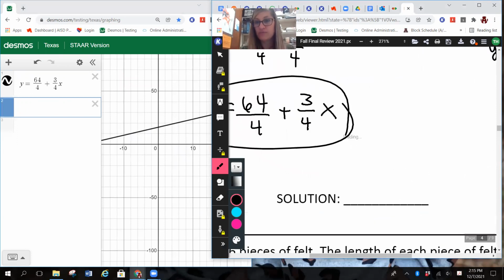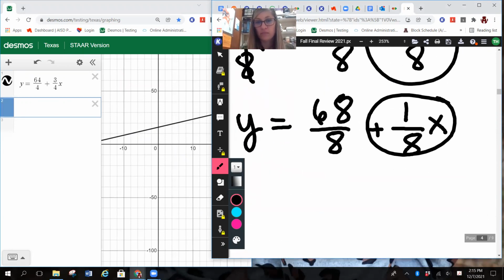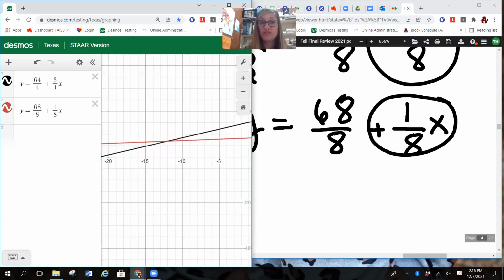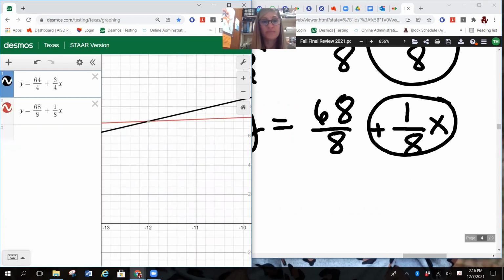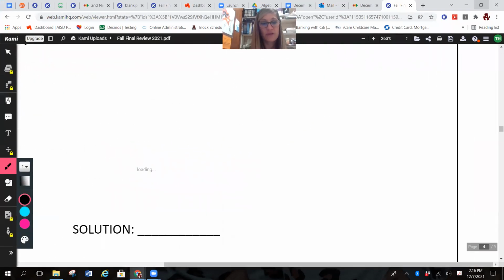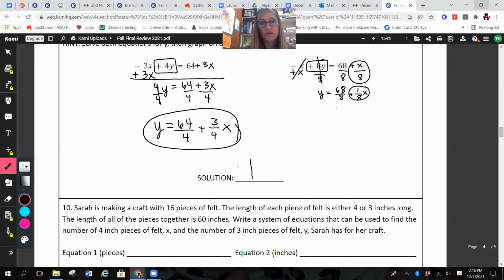Our second equation is y equals 68 divided by 8, which is 8.5, so it wasn't perfect, plus 1/8 with an x. Now this does intersect at a negative point. -12, 7. Here it is, -12, 7. It's a point on a graph, so we want to write it as a point.